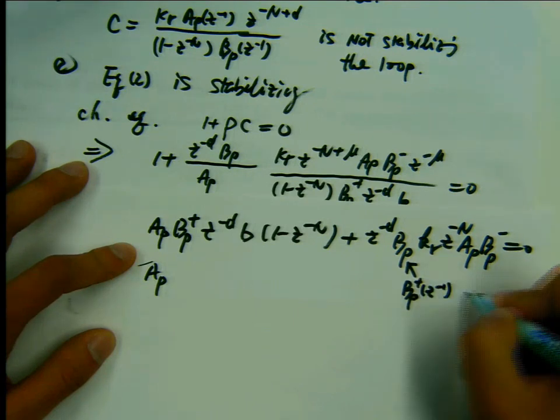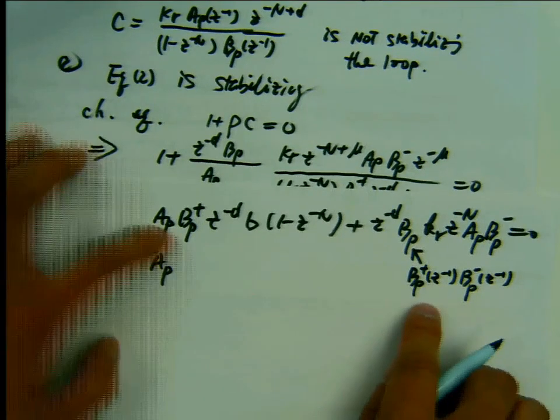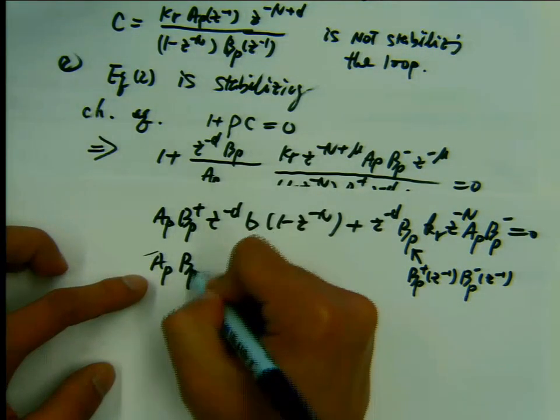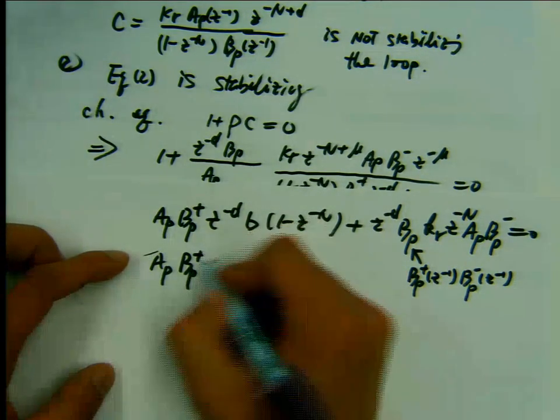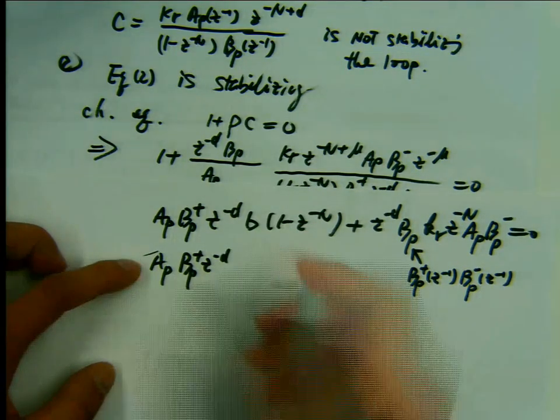Let me write it in the original structure. I can factor out this BP plus term and also the z negative d term, since these are the common terms.